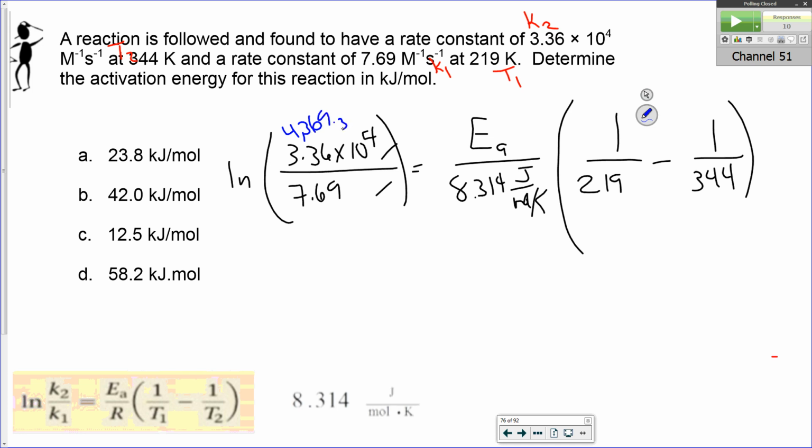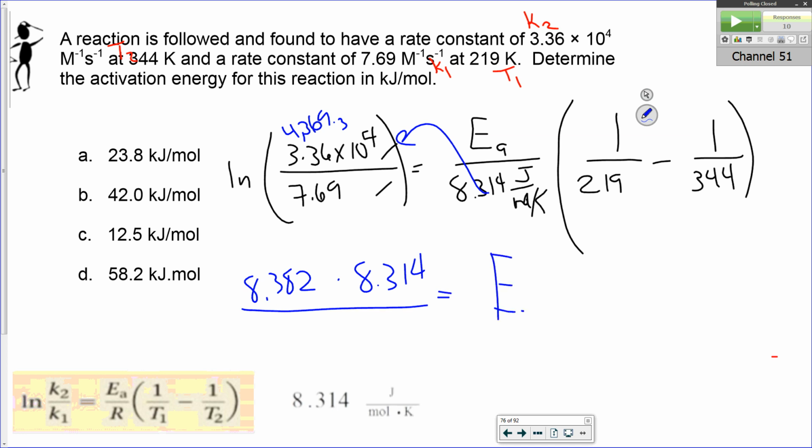And then, to three significant figures, I take the natural log of that, and I find that it's 8.382. Okay, so I take the R and multiply it over to the other side. And then I would start working on the rest of it.